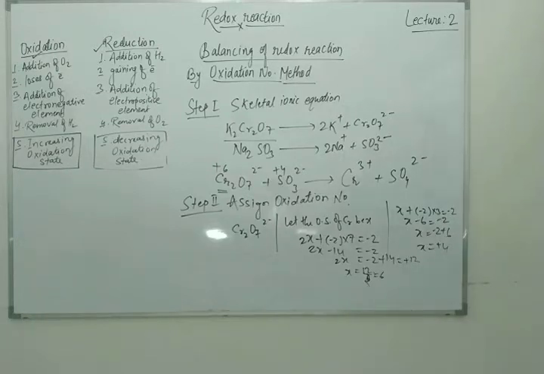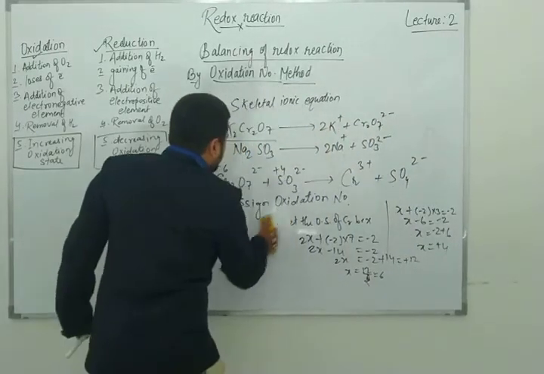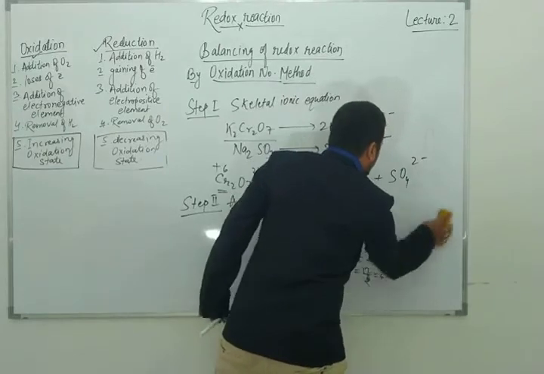The oxidation number. And in the third step, calculate the increase and decrease of oxidation number and make them equal. Now, in the third step, what you have to do?